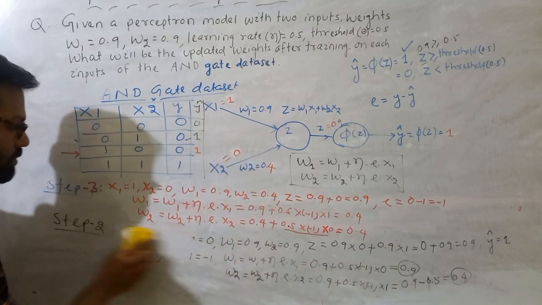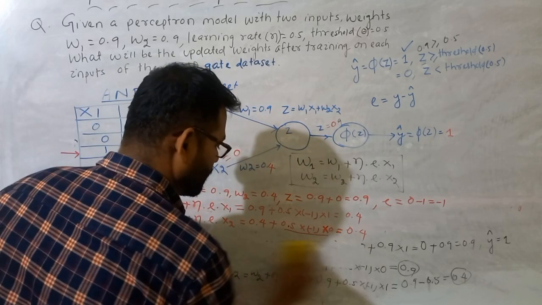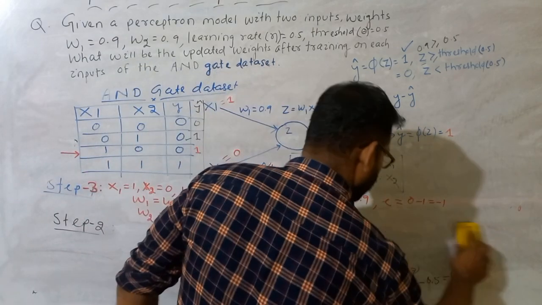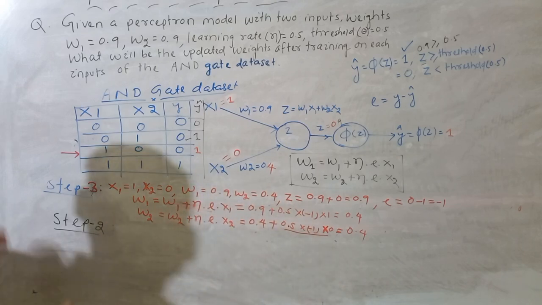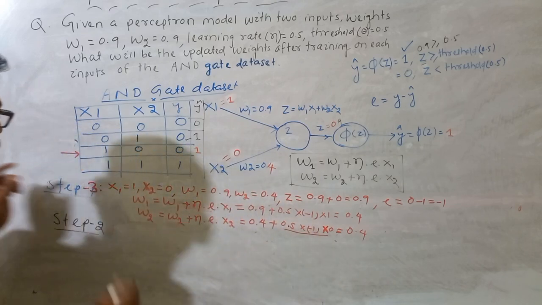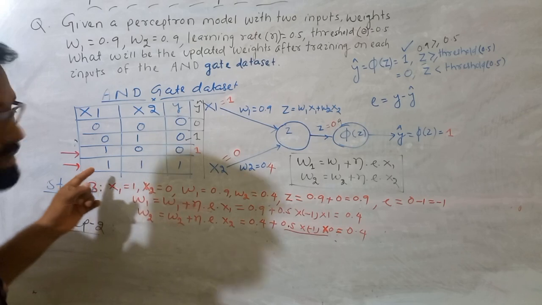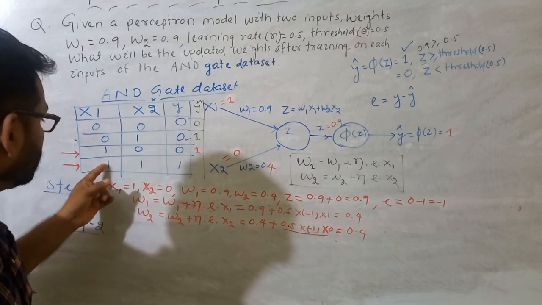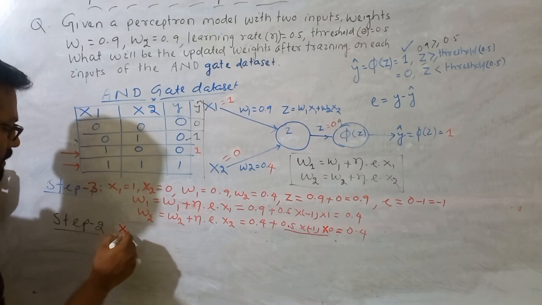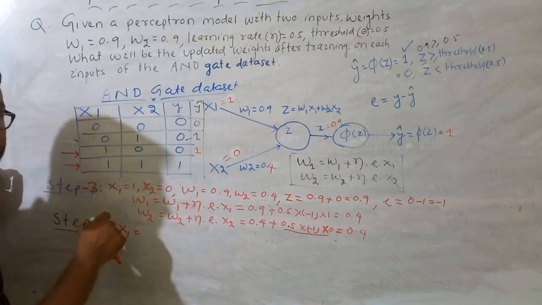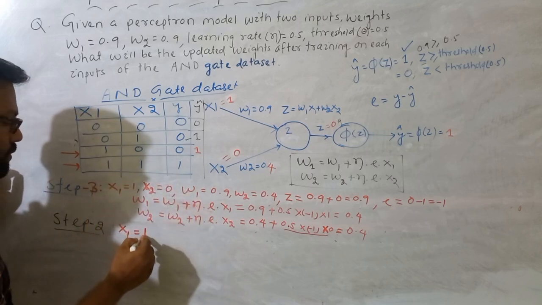For step 4, you have to take the inputs. This is training example 4. Here x1 equals 1 and x2 is also equal to 1.